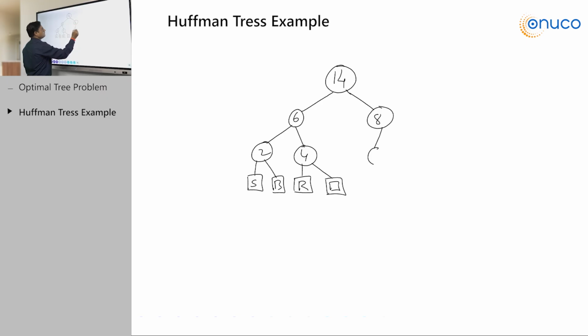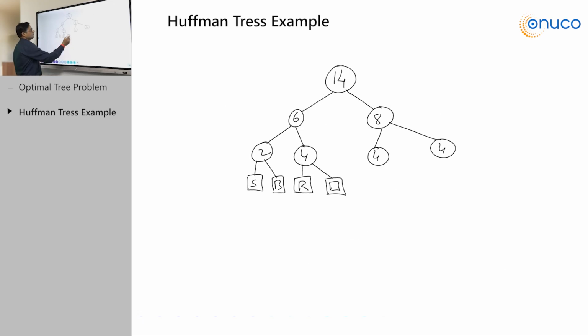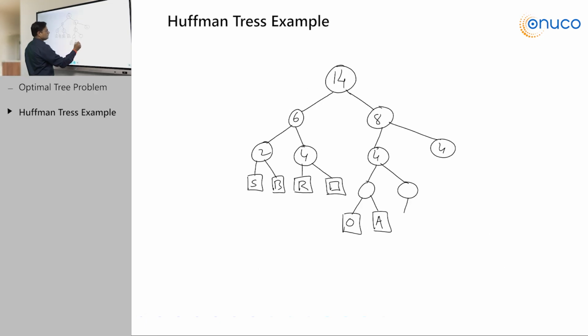Then on this side we have a 2 block, O A. Here we have an O, and here we have D I, here we have a D and here we have an I, D I. So this is basically 2, 2, right.